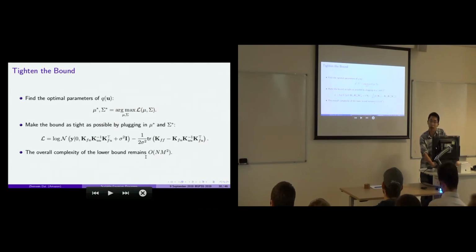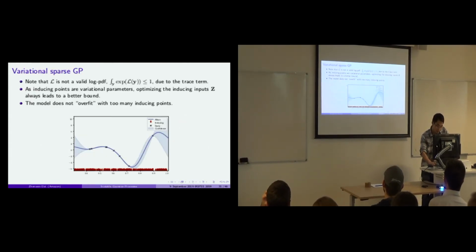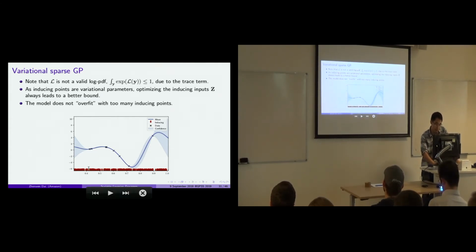I skipped quite a lot of details, but the main difference between the variational sparse approximation and the FITC is that instead of changing the model, here we define a variational posterior. One benefit of this is that because it's a variational posterior, we can give whatever number of inducing points, even way more than the number of data we have.